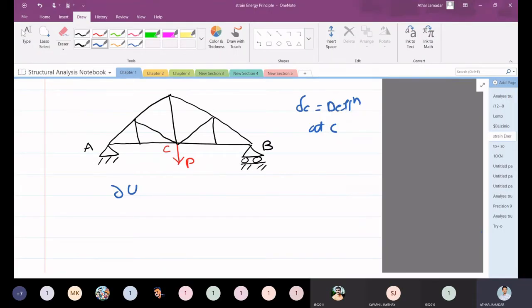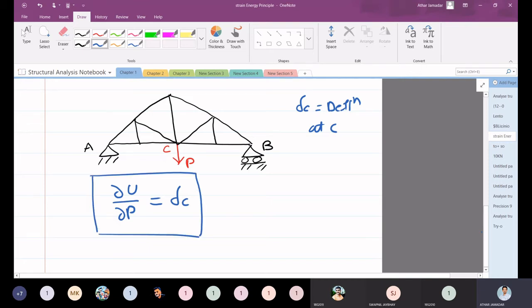If you take the partial derivative of strain energy, which we have already derived as P squared L upon AE, stored in all the members of the truss with respect to this load P, that will give us delta C, that means the deflection at C. This is one very important statement by virtue of Castigliano's theorem.